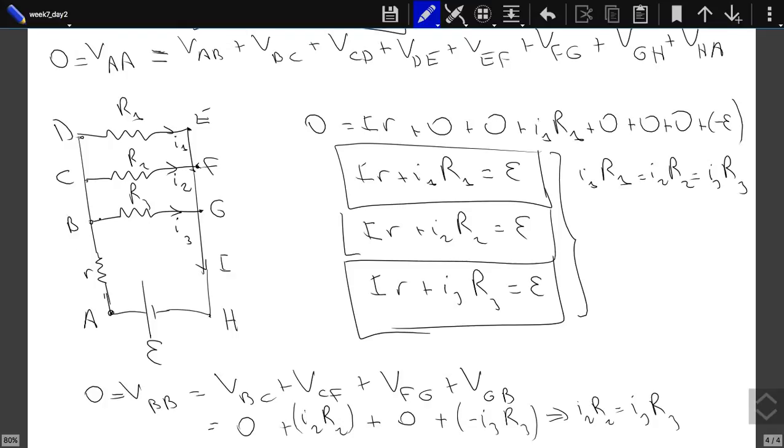Now let's look at this point. Let me say that this is I3, this is I2. I just invented some new names. No, I don't need this I2.